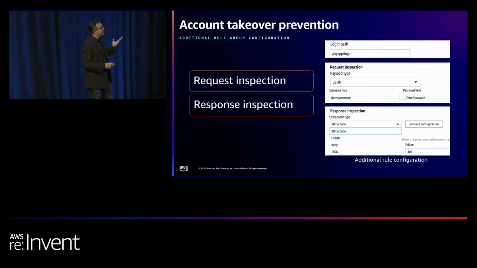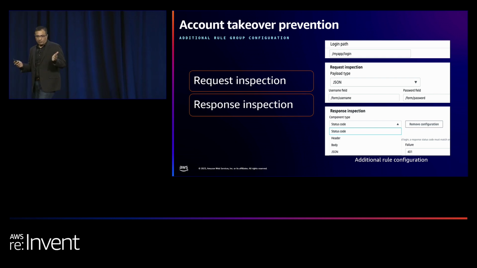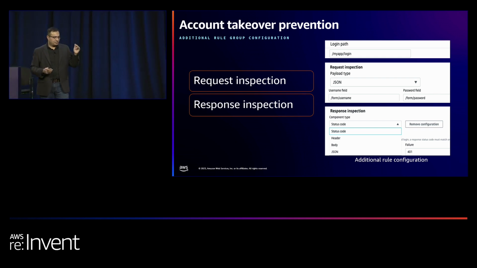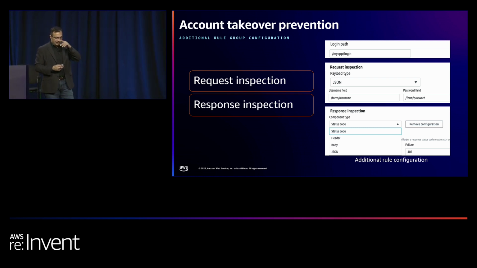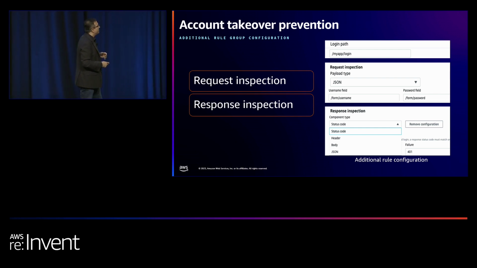There are two parts to account takeover prevention, or ATP, as we call it. The rule group configuration looks at requests and responses. The first part is request inspection, where you tell us where the login fields are and how they are situated.